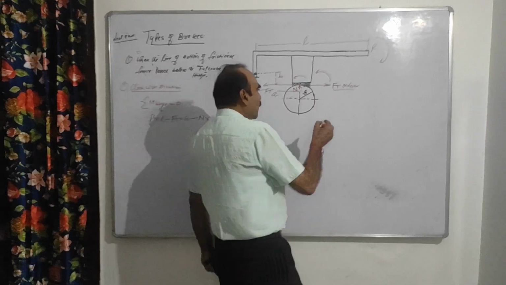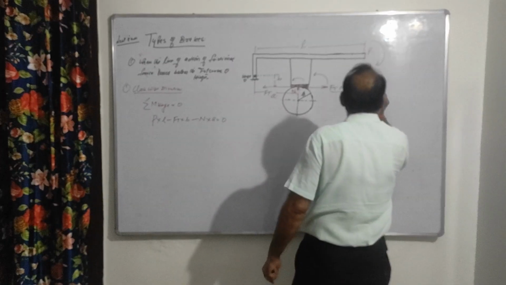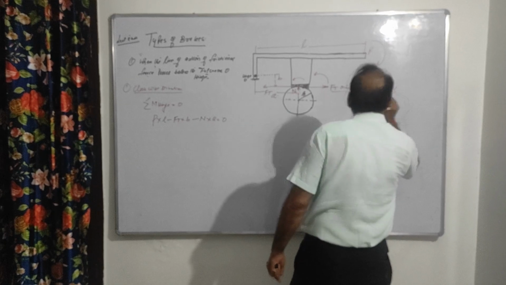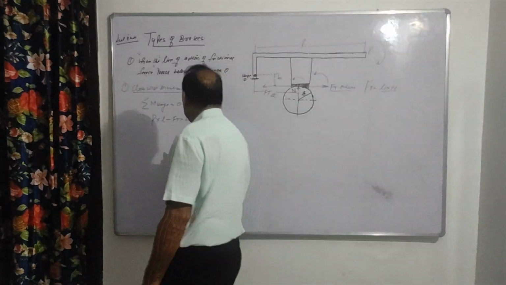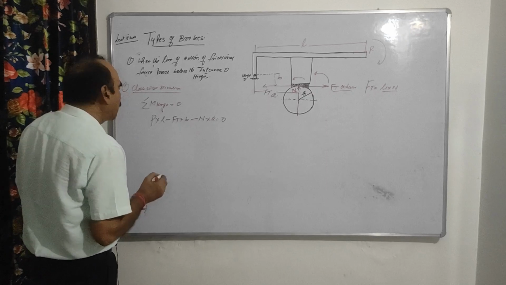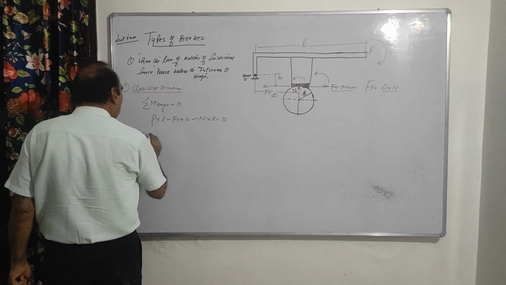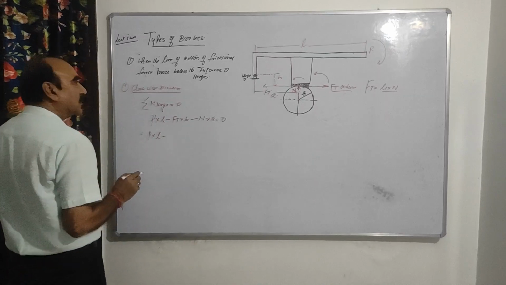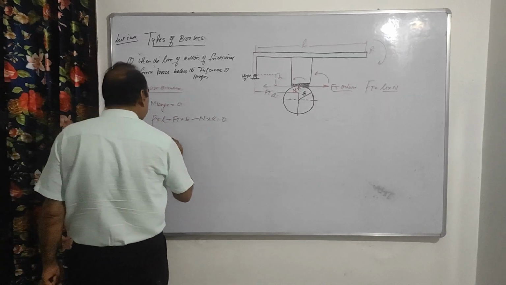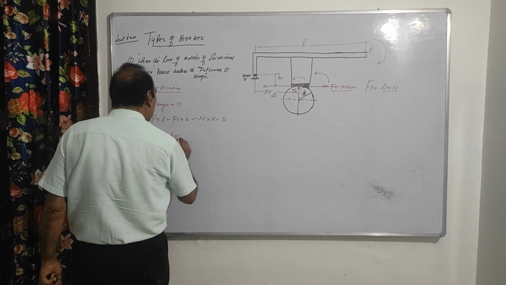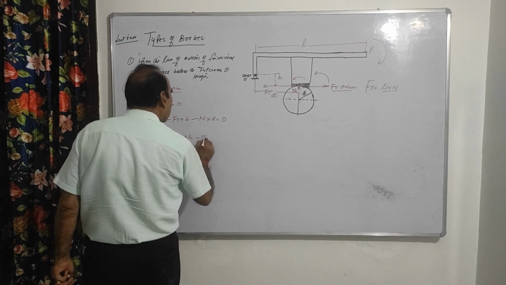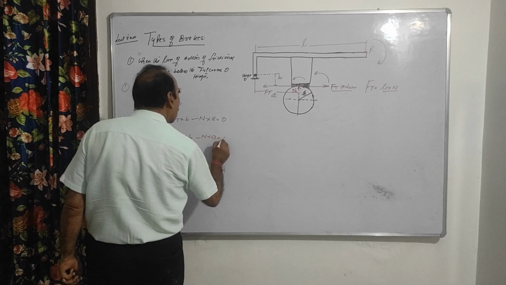But you know what Ft is? Ft is mu into N. So instead of Ft, we can write mu into N. So therefore P into L minus mu into N into B minus N into A, this is equal to 0.